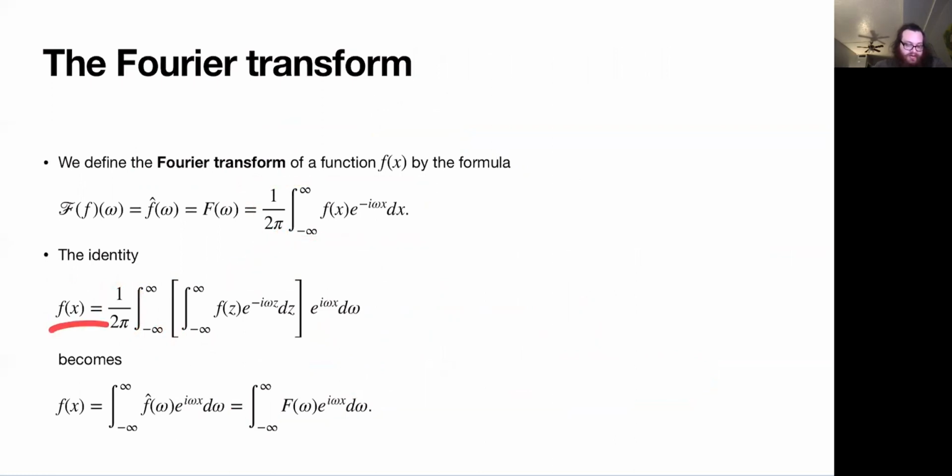So another way to write this identity is that your function f of x is the integral of your Fourier coefficient times the corresponding basis function, and then you're integrating out your frequency or your wave number. You're summing all of those up, and that's your function. Okay? And so if instead of using a hat, you want to use capital, it's just different notation.